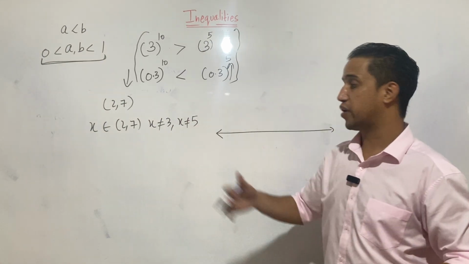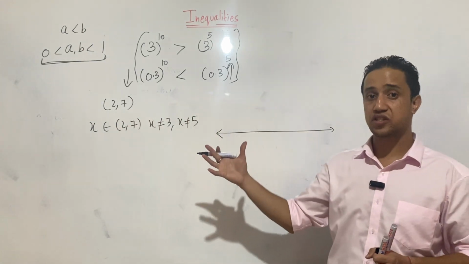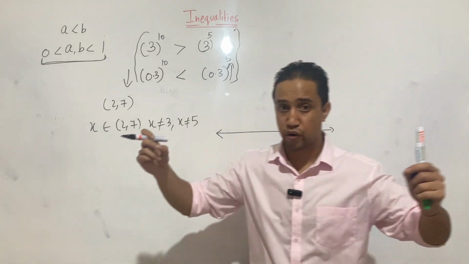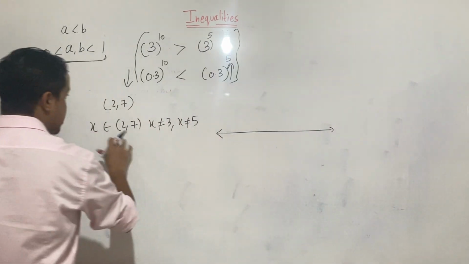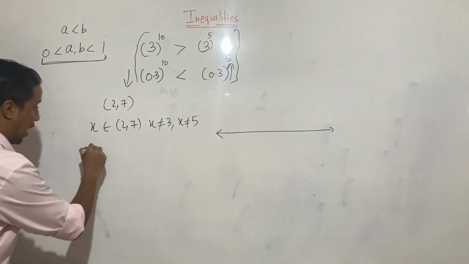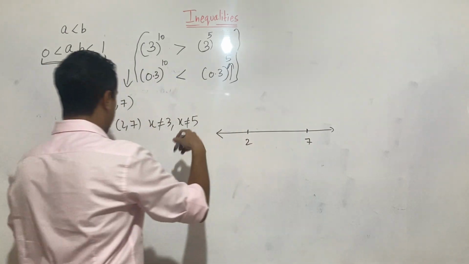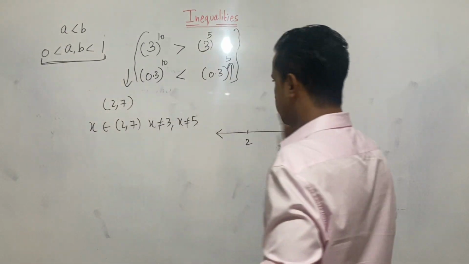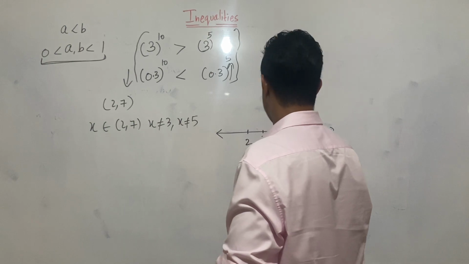If that's the case, where you have to exclude some points or some numbers from your interval, then how should you go ahead? Now see here, I cannot write it like this. If I have 2 here, 7 here, and here 3, here 5, right?